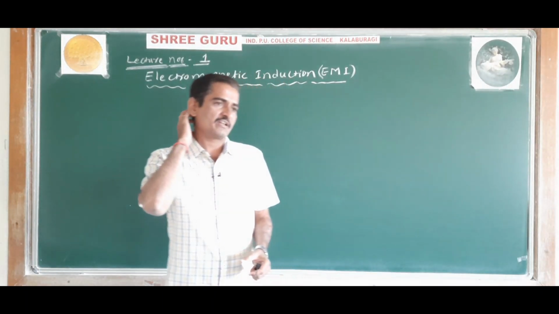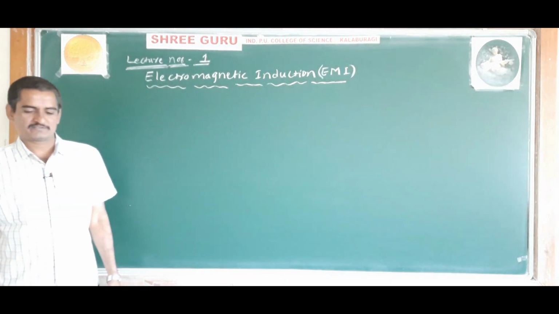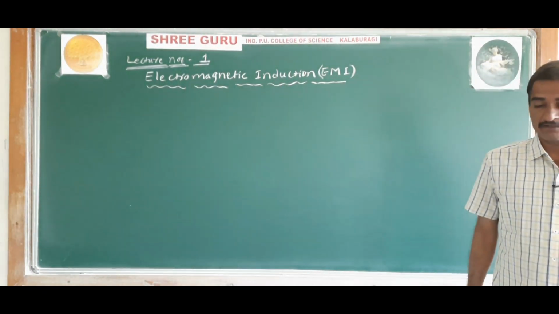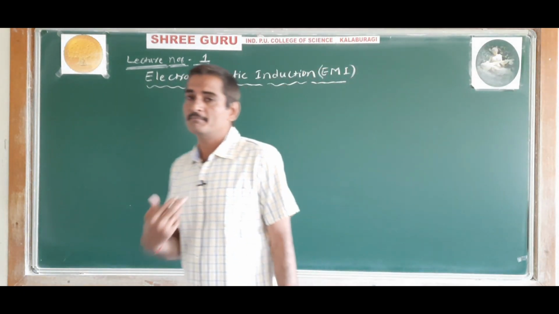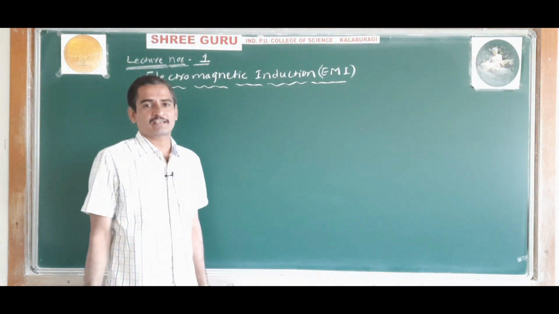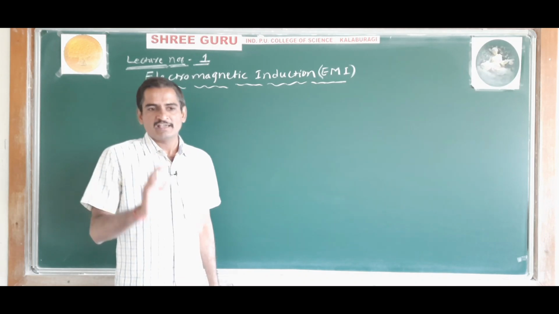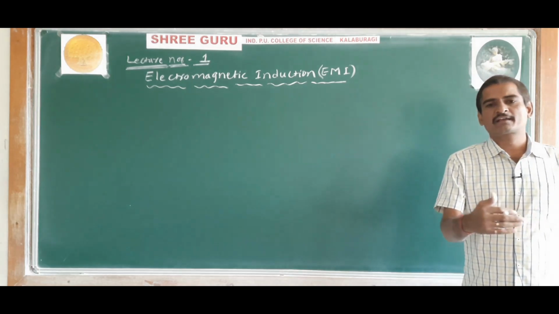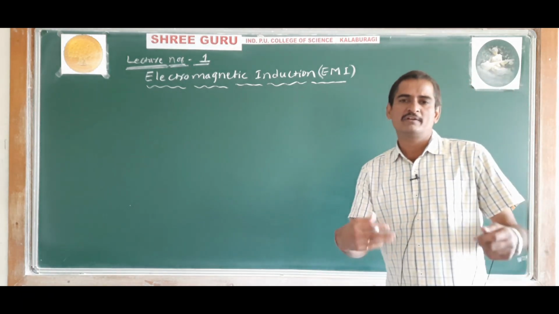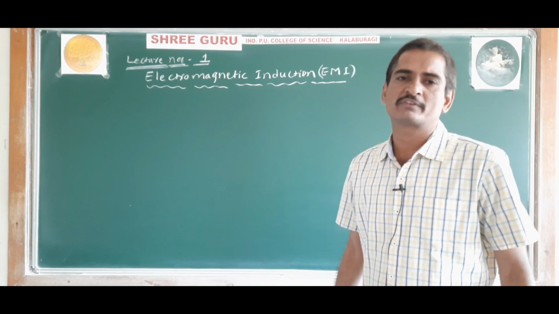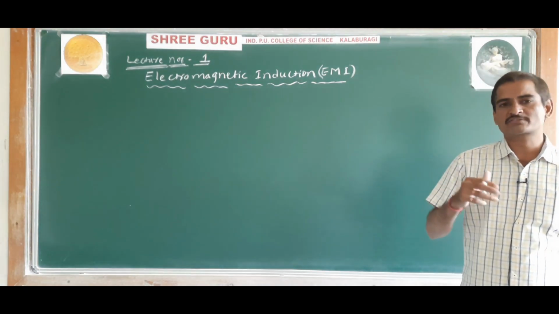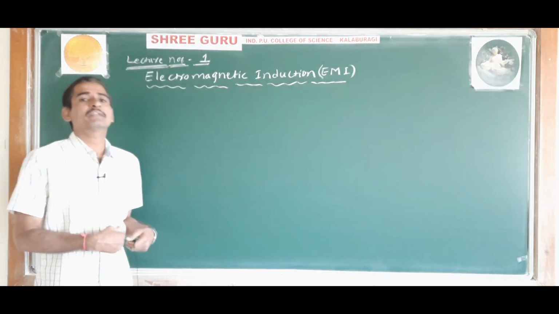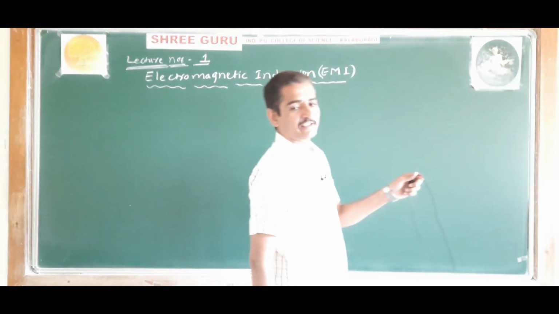That we have already studied. We determined that magnetic field strength using Biot-Savart's law in the previous chapters. Now the question is, the reverse of that: can a moving magnet produce electric current or not?